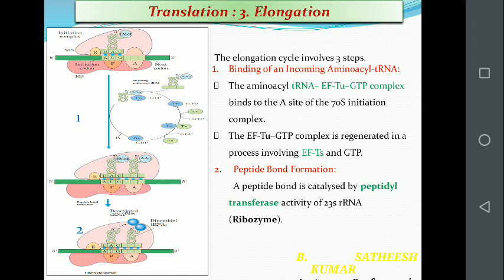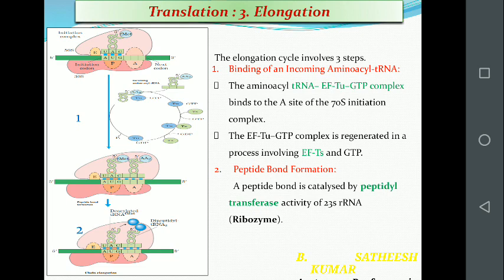That is again regenerated back to EF-Tu-GTP, in which EF-Ts, another elongation factor, and GTP are involved. So this is the first stage in elongation, in which the aminoacyl tRNA binds to the A site.